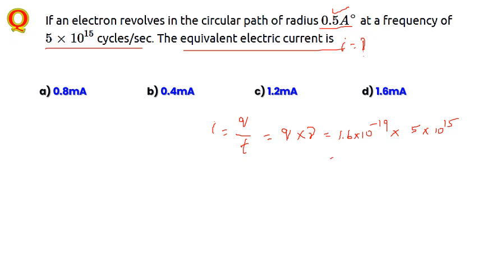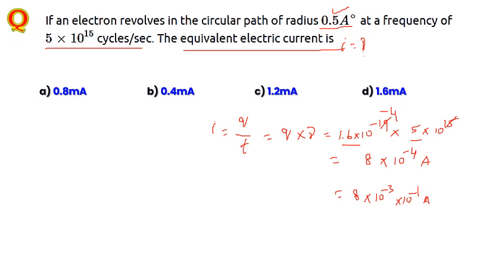In this case, 10 power minus 19 into 10 power 15 gives 10 power minus 4. So 1.6 into 5 gives 8 into 10 power minus 4 ampere. That's the current. But the options they have given are all in milliampere. So this is 8 into 10 power minus 3 into 10 power minus 1 ampere.